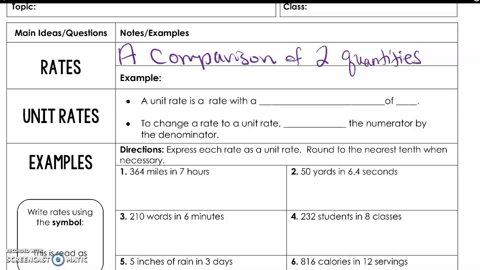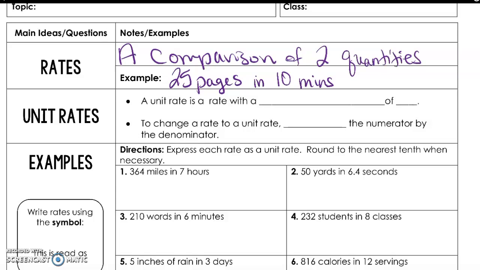So an example of a rate would be that you read 25 pages in 10 minutes. So instead of a ratio where we would say 25 to 10 and then simplify it, we're going to find a unit rate.